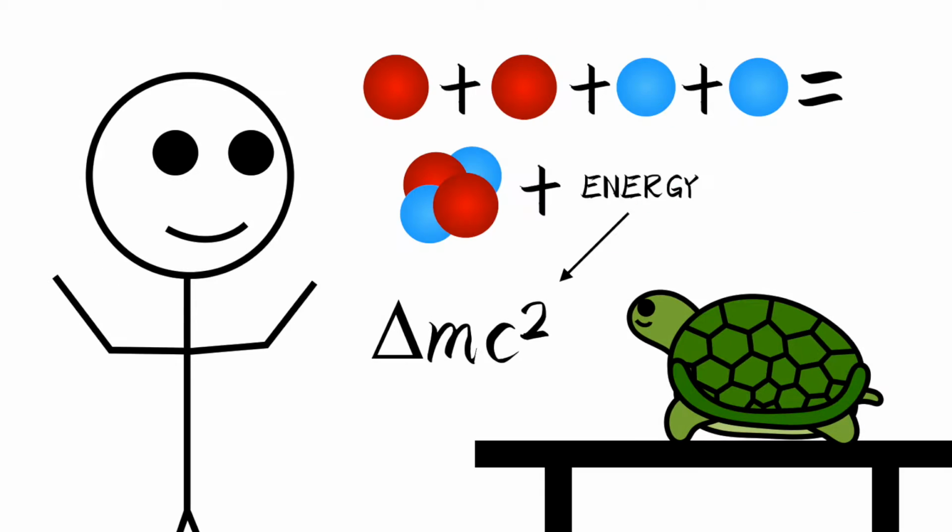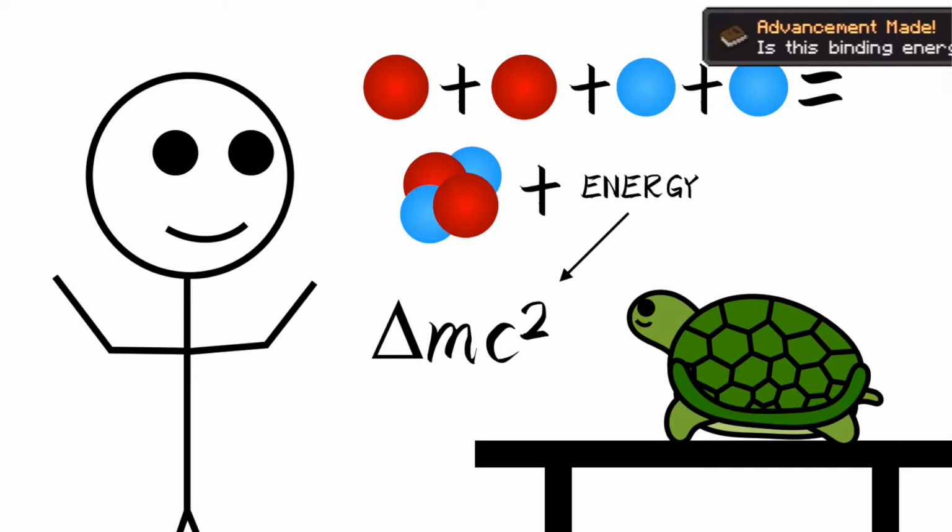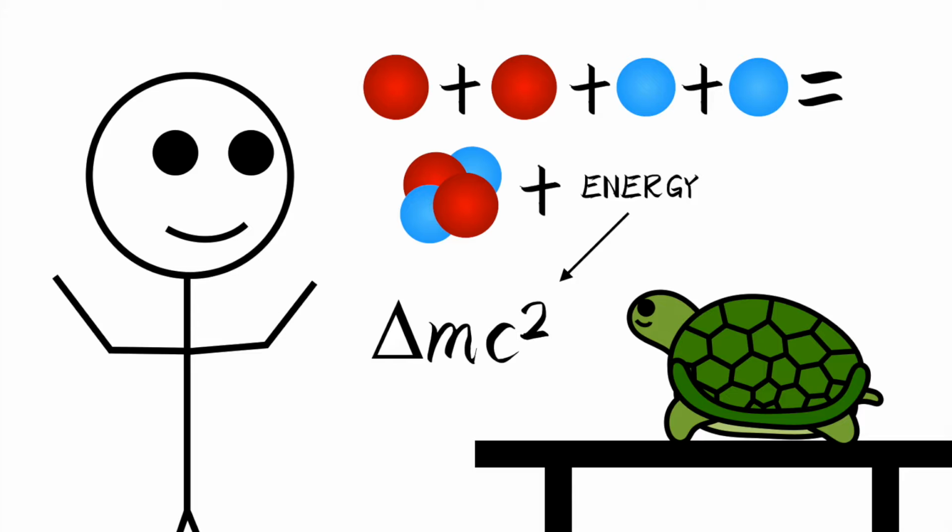Also, this tells us that the formation of a nucleus from a system of isolated protons and neutrons is actually an exothermic reaction, meaning that it releases energy. And the energy emitted or radiated is actually delta M times c squared.